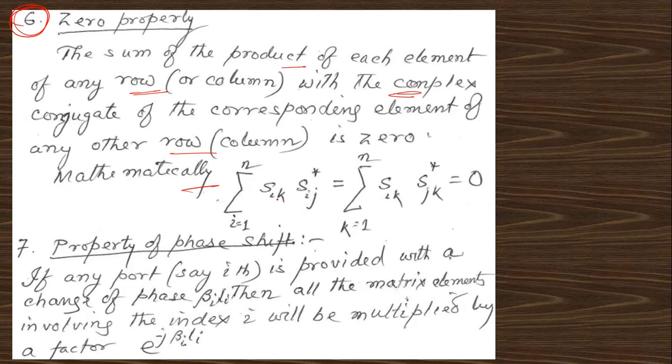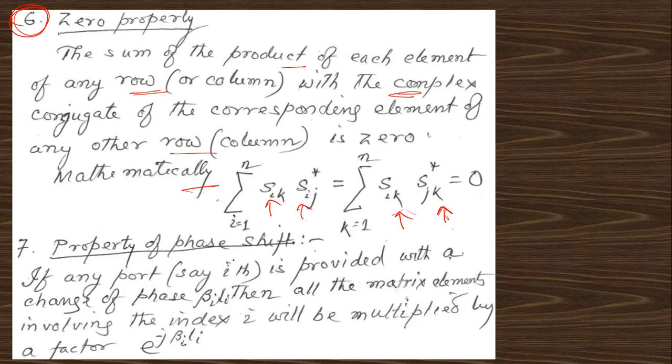Okay, the product of this element with another one. Here the row is the same, whereas here the column is the same, then this product will be 0.